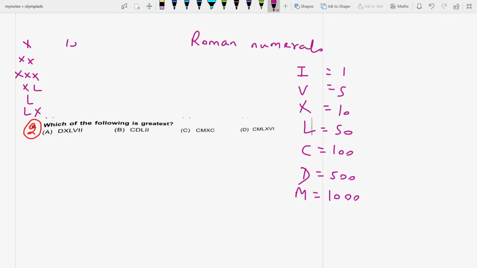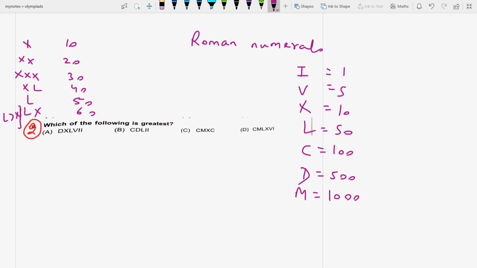X is 10, XX is 20, XXX is 30, then we have XL, which is 40, because L is 50. This is related to subtraction: X is less than L, so it is 50 minus 10, which is 40. Now L is 50, and LX: L is greater than X, so the rule of addition applies. Whenever the first symbol is greater than the second symbol, the principle of addition is implied. So LX is 50 plus 10, it is 60.